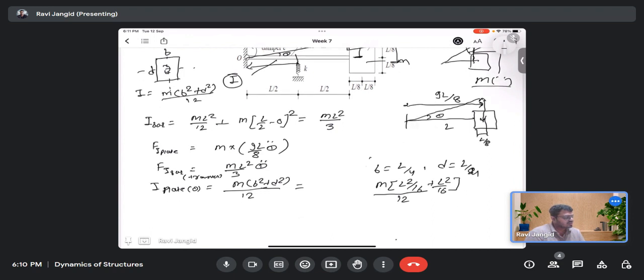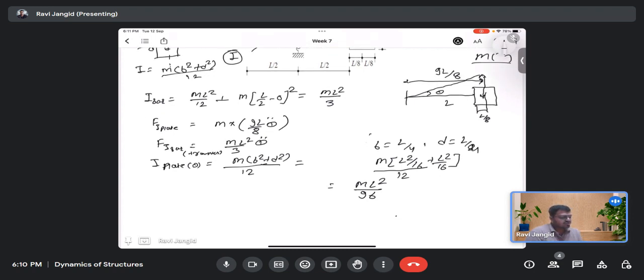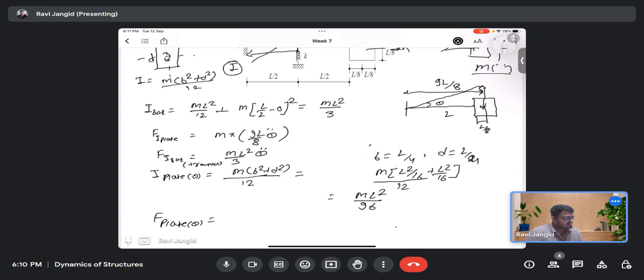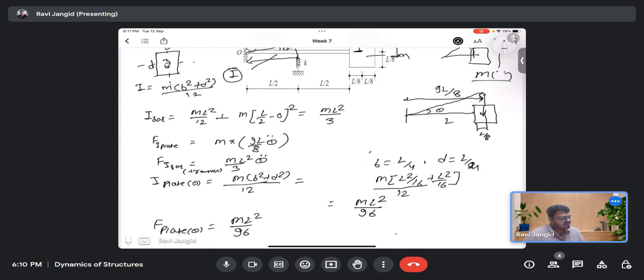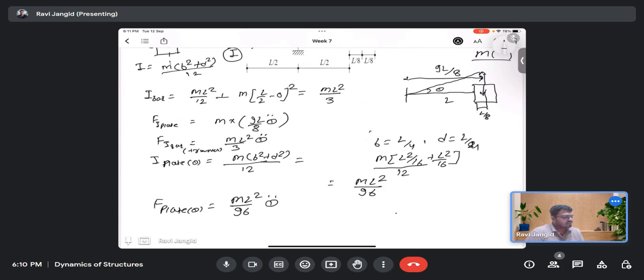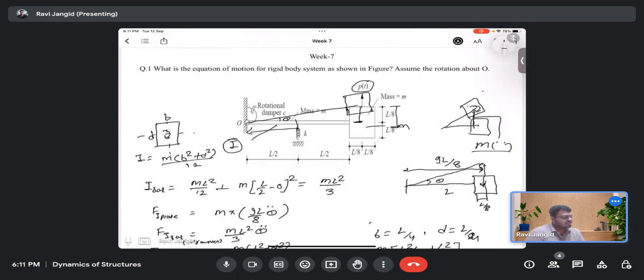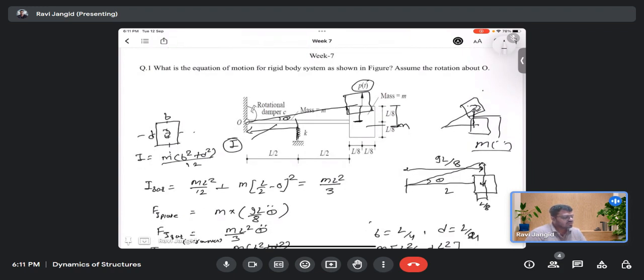How much am I getting? So I am getting ml square by 96. Okay. So for this, the F of plate about theta would be ml square by 96 into theta double dot, because the rotation would be the same. Now the force at the center.